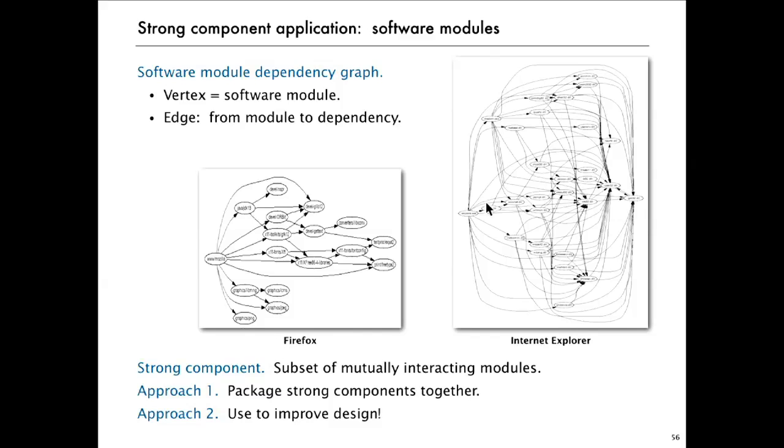In a huge program like Internet Explorer, you want to know what the strong components are so that you can package them together and maybe improve the design. Again, these software graphs can be huge, and this kind of graph processing can be extremely important in improving the design of software.